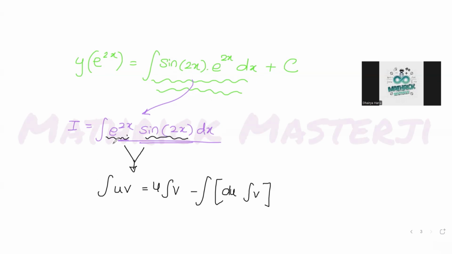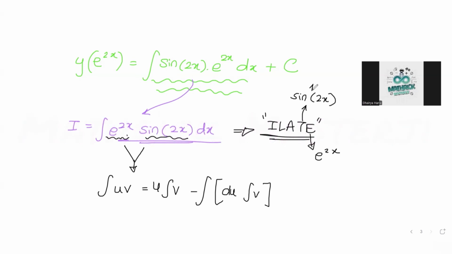To decide which is u and which is v, we can use the ILATE rule to figure out which comes first. Whatever comes first is u, and the one that comes next is v. I have e raised to 2x, which is an exponential function, and sine of 2x, which is a trigonometric function. Out of these two, the trigonometric one comes first, so sine 2x becomes u and e raised to 2x becomes v.